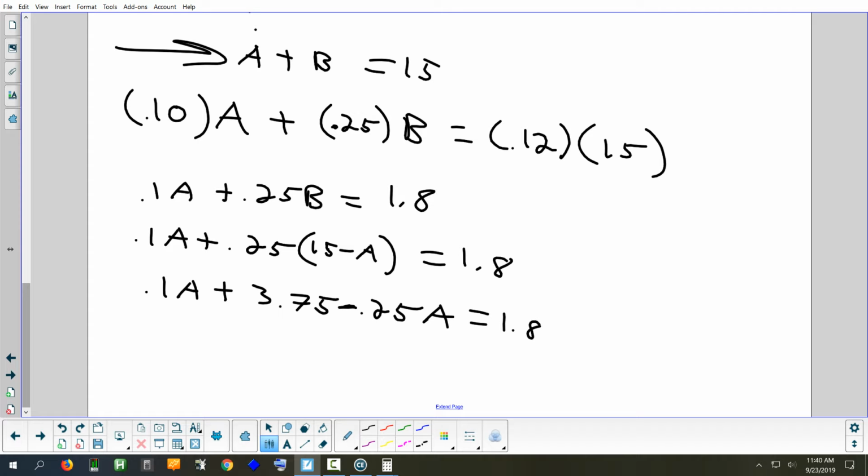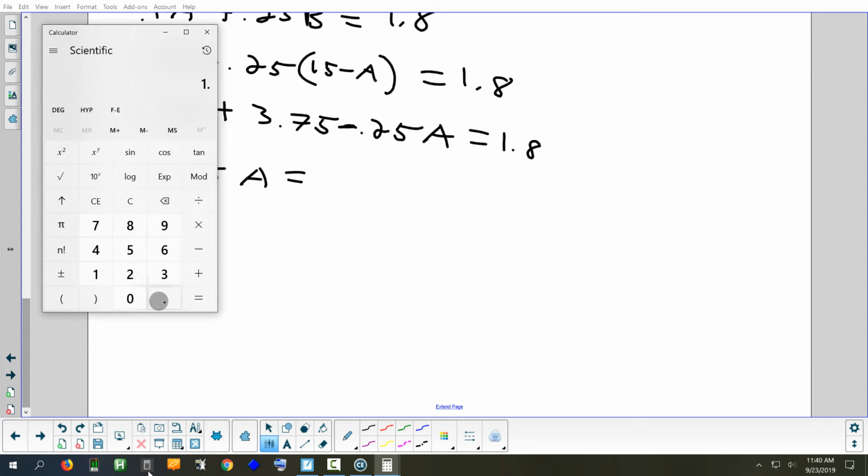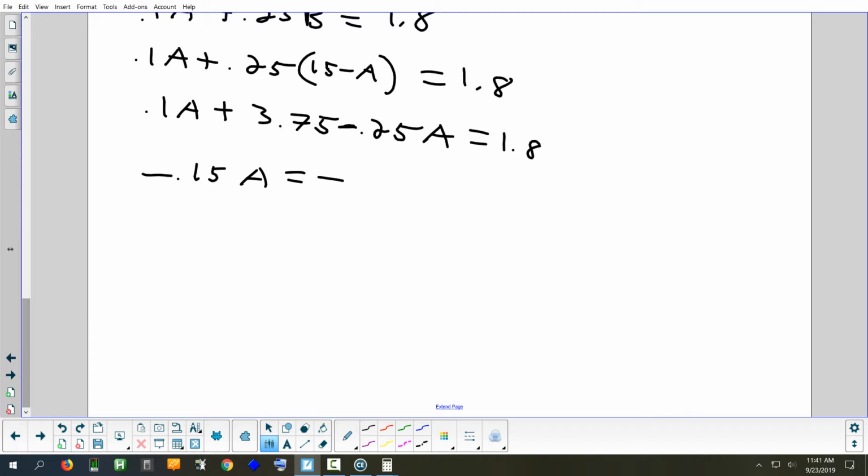What's 0.1A minus 0.25A? 0.15A. Yep. And we're going to bring the 3.75 to the other side, so 1.8. From here, we're just solving the equation. I think the hardest part is setting the two equations up, but I've given you guys a template for how to do it.